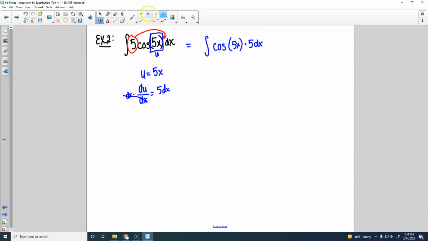So here, this is our u, and this part right here is our du. And so we're integrating cosine of u du.